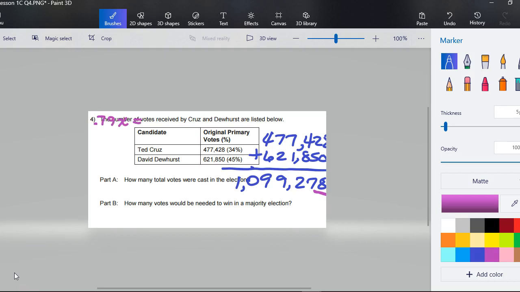79% of the whole total amount of votes cast is this 1,099,278.